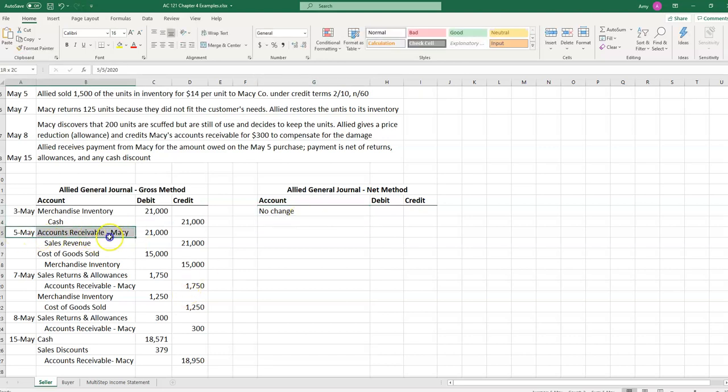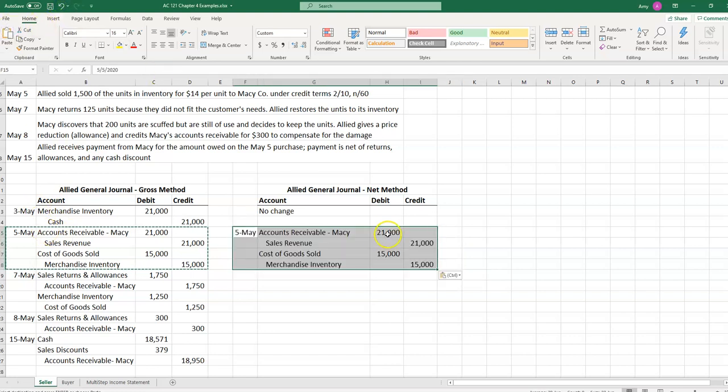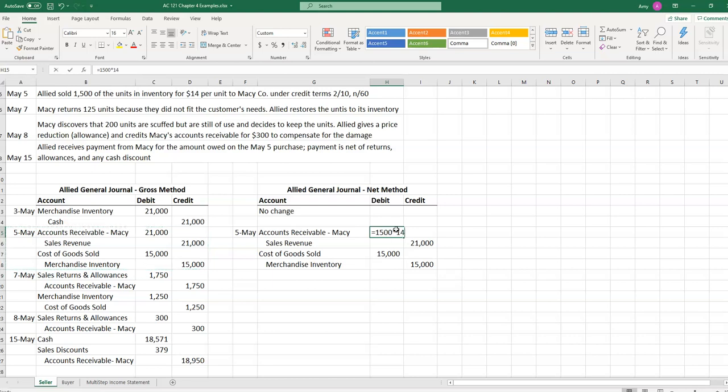But this journal entry that happens on May 5th would be recorded at 21,000 times 98%, because the net method assumes that they're going to take that discount available to them.